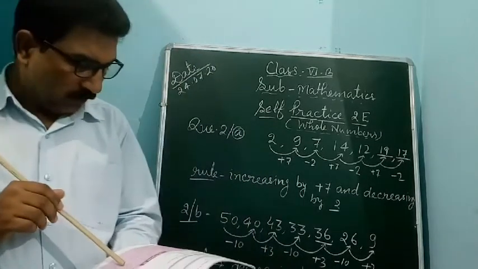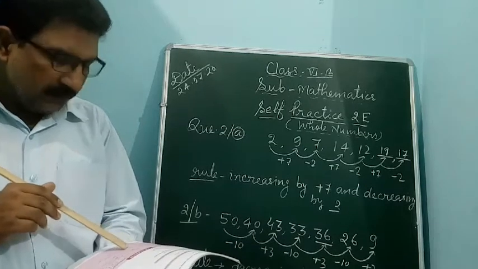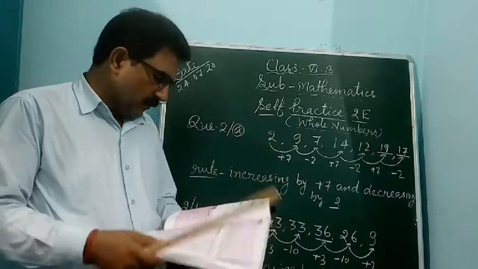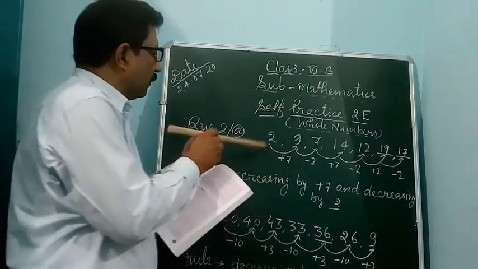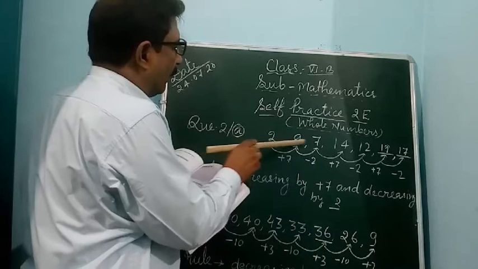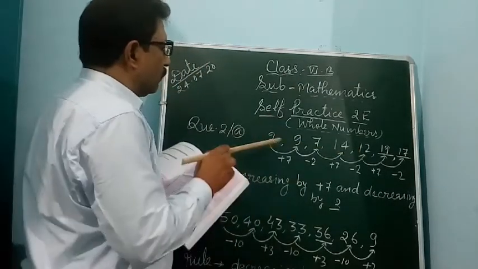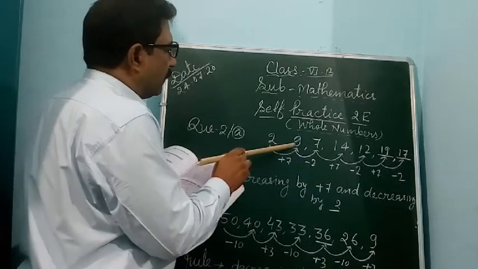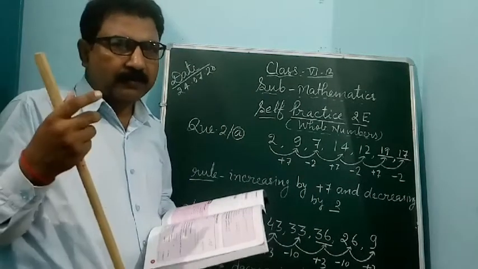Question number 2: identify the pattern and find the missing term. In question 2A, it is given 2, 9, 7, 14, 12. What is the pattern?